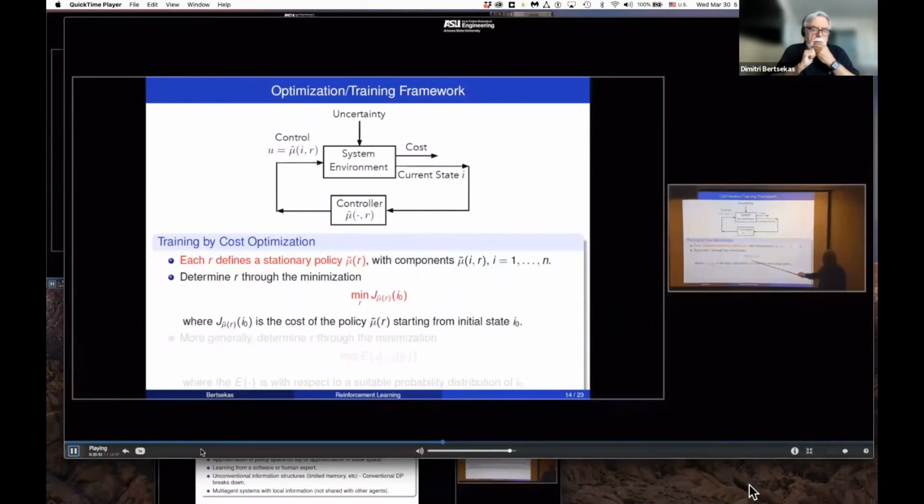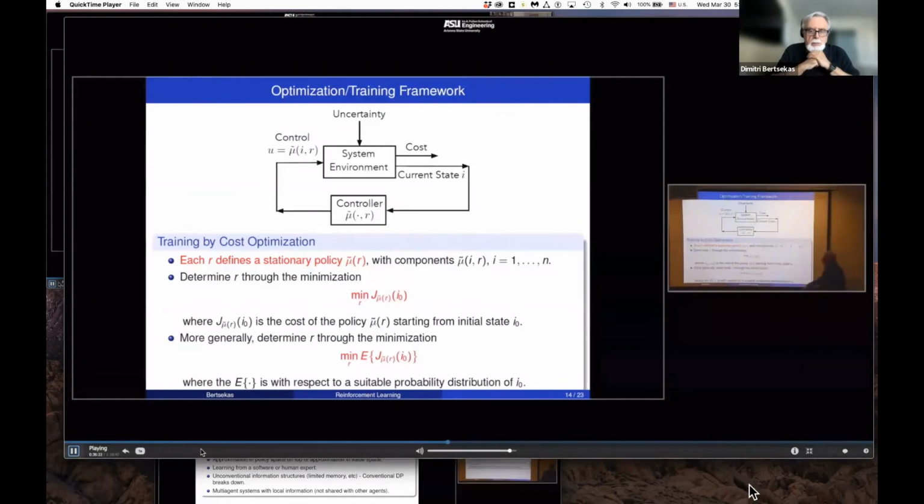Of course, there's a limitation here that the initial condition, the initial state, is fixed. So if you don't have a preferred initial state and you want to optimize over a variety of initial states, then you may consider a modified framework whereby you consider a probability distribution of initial states and you minimize the expected cost with different initial states weighted according to these probabilities here.